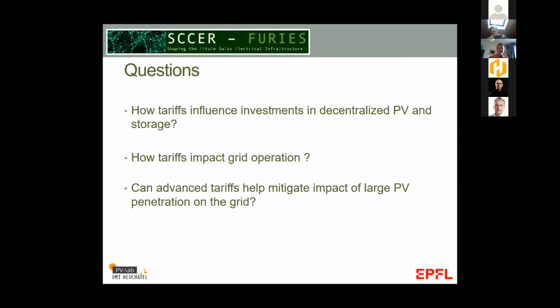Can we define advanced tariffs to help mitigate the impact of large PV penetration on the grid? And is there any strategy or solution to allow a long-term and profitable PV penetration? And I will try to answer those 4 questions in the following slides.